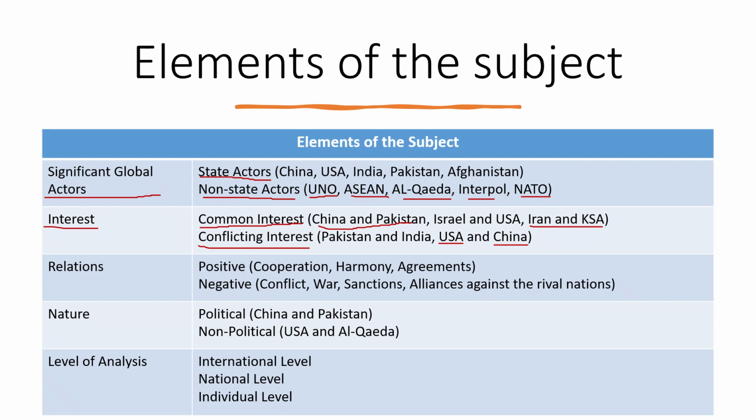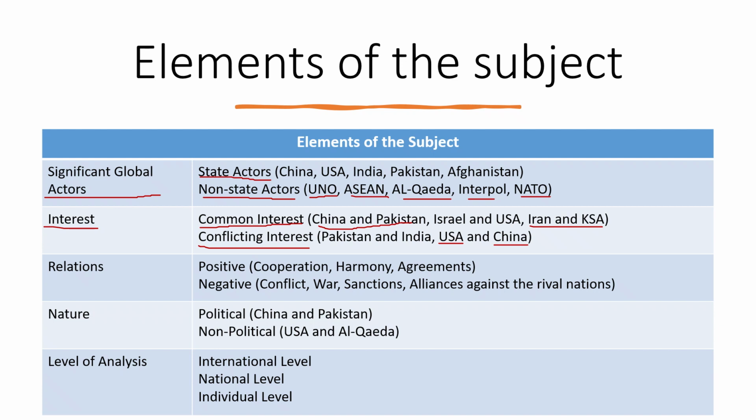A very good example of negative relation is the Russia-Ukraine war. War is also a kind of relation, a negative relation. Russia is not happy with Ukraine's agreement or its relations with the Western countries. So Russia and Ukraine's interests were in conflict with each other.